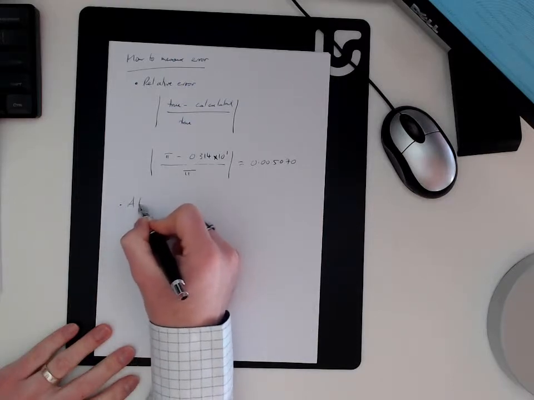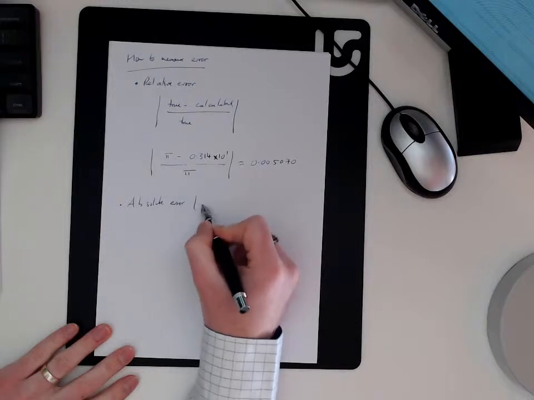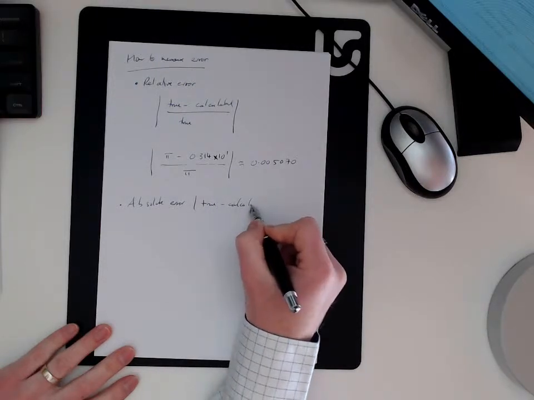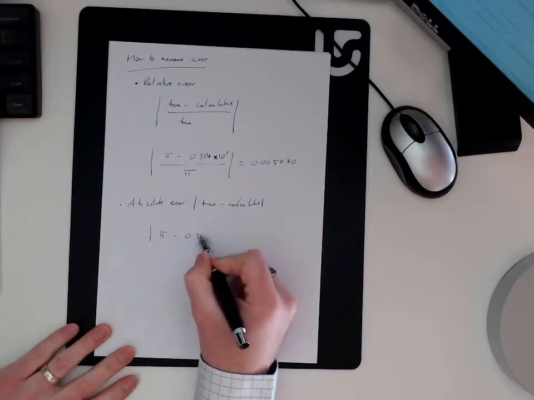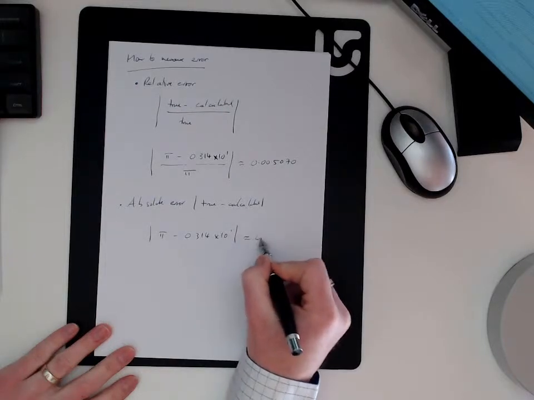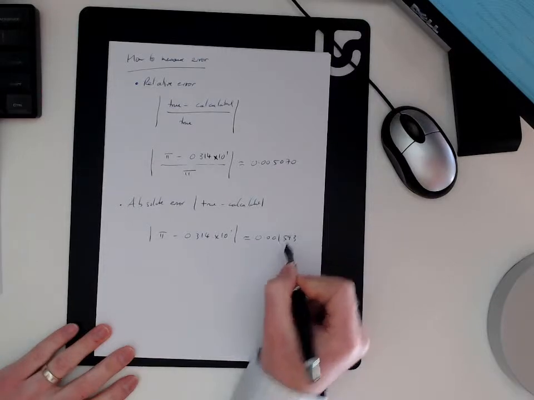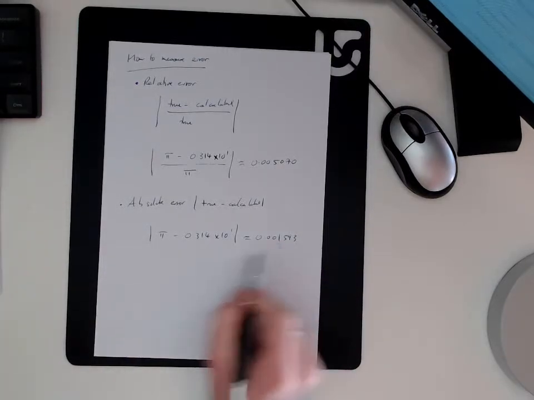There's also absolute error, which is the true value minus the calculated value. So pi minus 0.314 times 10 to the 1 is roughly 0.001593, which says that the absolute error is roughly 1 part in 1,000.